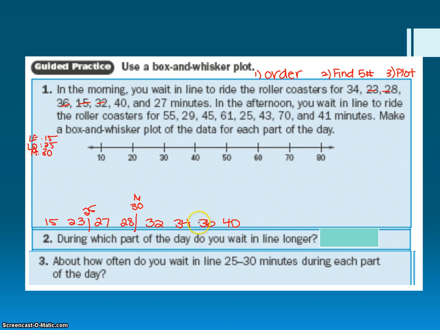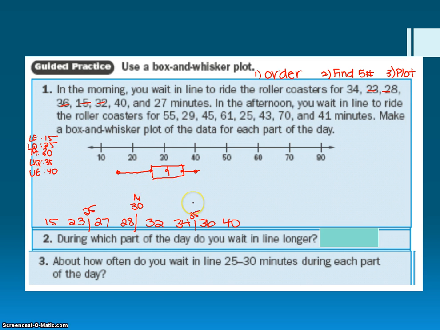Do the same thing at the upper end, that's 35, your upper quartile. And your upper extreme is 40. So 15 is about here, 25 is about there, 30 is here, 35, and 40. The 3 middle dots make your box. Connect the ends with a whisker.